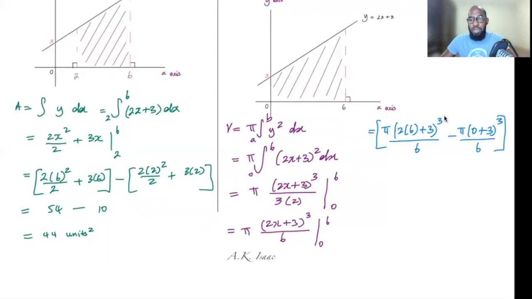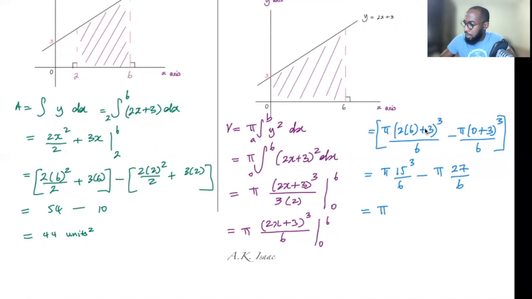I just dealt with this one time. First I dealt with 6, and 0 times 2 is 0, so I just put 0 one time. We have 6 2s are 12, 12 plus 3 is 15, so we have pi times 15 cubed divided by 6, minus pi times 3 cubed, 3 3s are 9, 3 9s are 27, divided by 6.